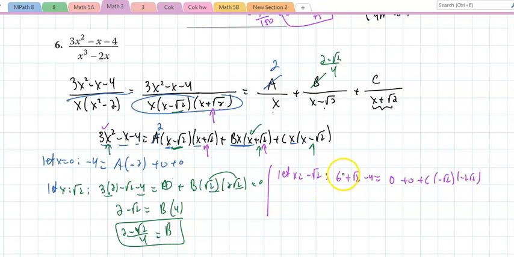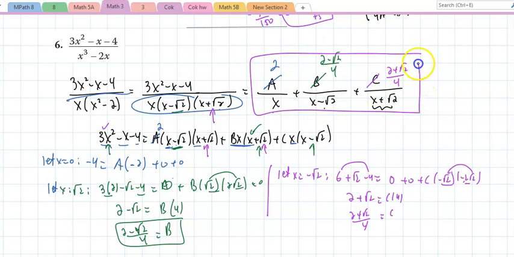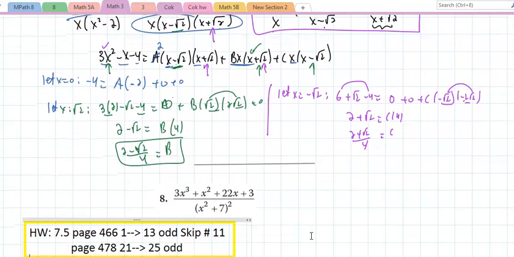That would be 6 plus 2, that's 2 plus radical 2 equaling negative times a negative is a positive. Radical 2 times radical 2 is 2 times 2, that's a 4. So c is 2 plus radical 2 over 4. And there it is. That would be the answer. You just want to figure out where this came from.